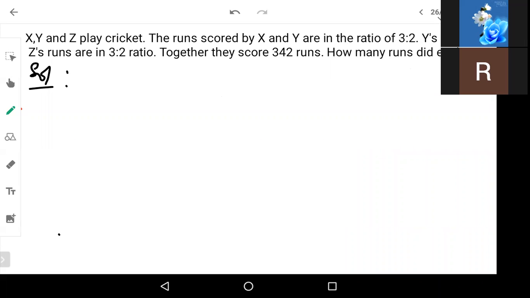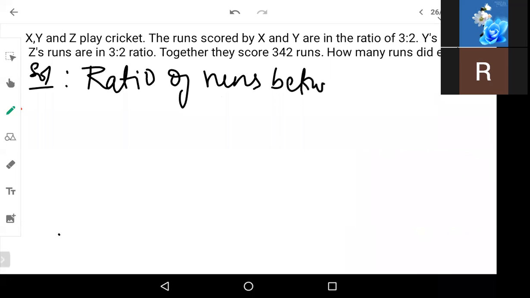Solution. Now, the ratio of runs between X and Y is 3:2. Correct?